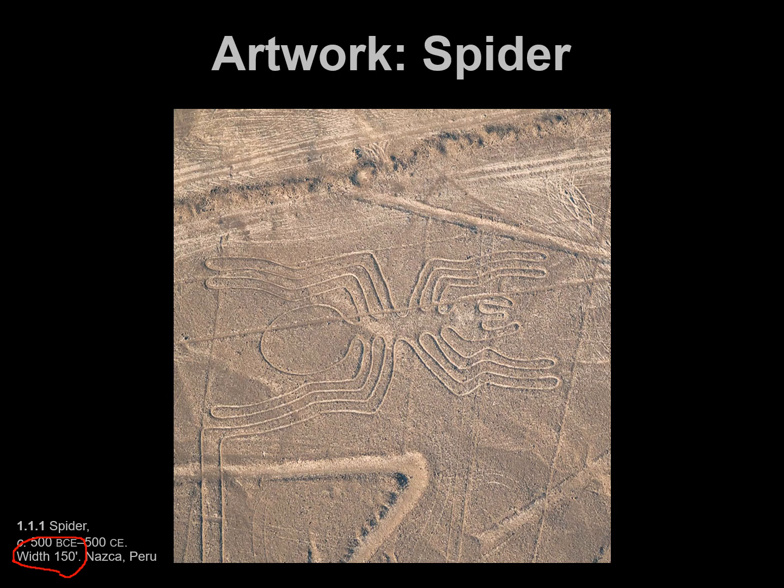Before we continue any further, when you see the term BCE in images, BCE means before the Common Era, and CE means the Common Era. So in this case, we believe this piece was made somewhere within a 1,000-year range of 500 BCE to 500 CE. We use BCE and CE as opposed to BC and AD in order to separate our ideas of time away from one particular religion.